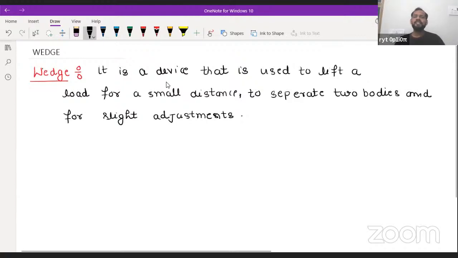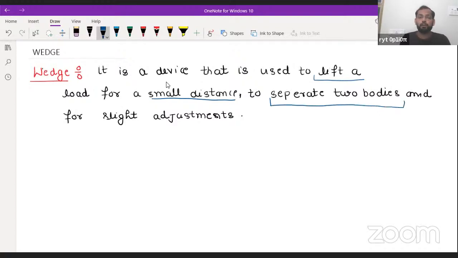So a wedge is nothing but a piece of metal, or it may be a piece of wood, that is used to lift a load for a small distance. Either it is used for lifting a load for a small distance, or it is used to separate two bodies, or it is used for slight adjustment.